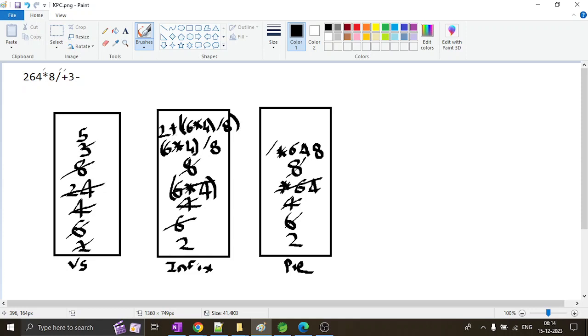Then for this one, we'll have operator v1, v2. So operator is plus, v1 is 2, v2 is this multiplication 6 4 8.